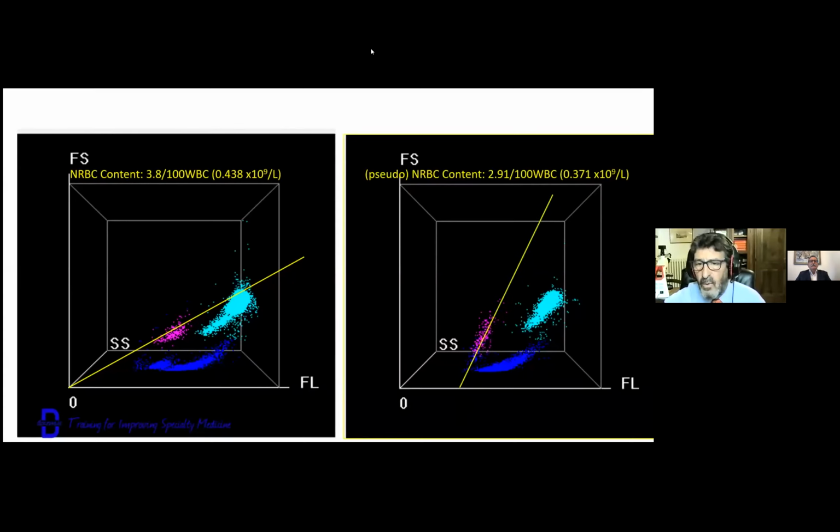What are the main differences of this cluster that can be clearly seen along this straight line that follows the main axis of neutrophil cluster with two specificities? It doesn't start from 0, but quite far away from 0, with an angle of about 50 degrees. And these characteristics between the two clusters, the true erythroblasts and the pseudo-erythroblasts, are fundamental for the diagnostic assessment of this situation.